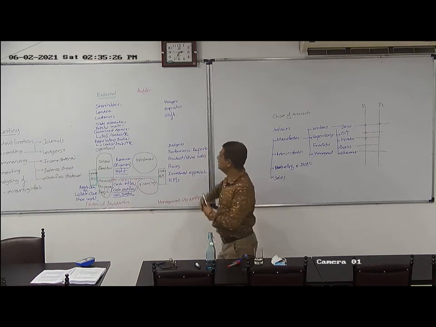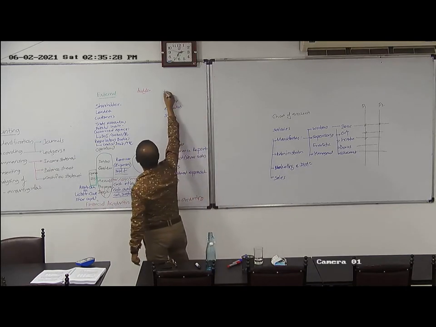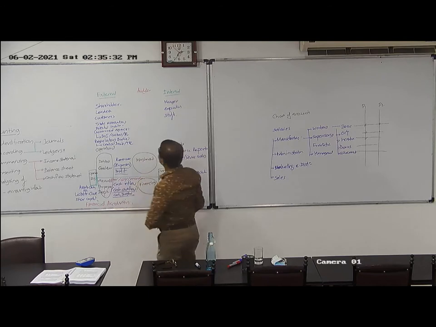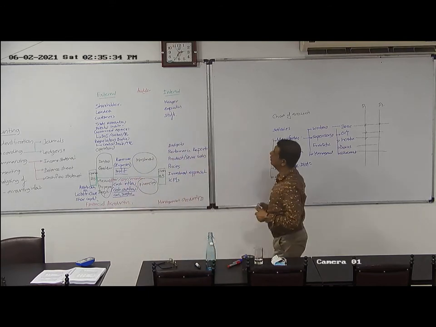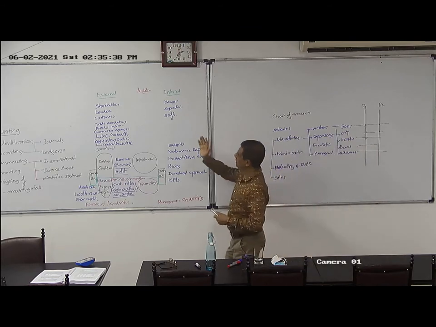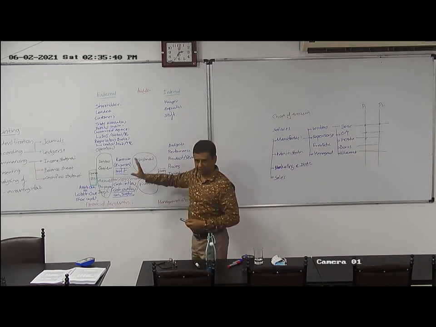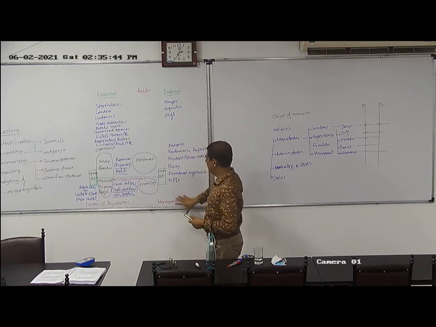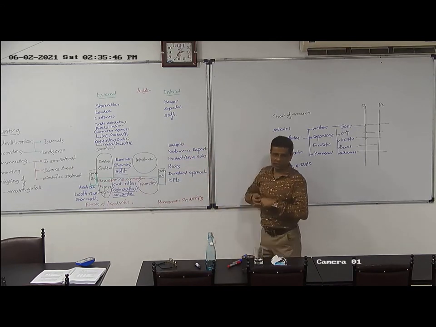They will be using this information, so you call them internal stakeholders. So you have external stakeholders who use the financial accounting information, and internal stakeholders who use the management accounting information.